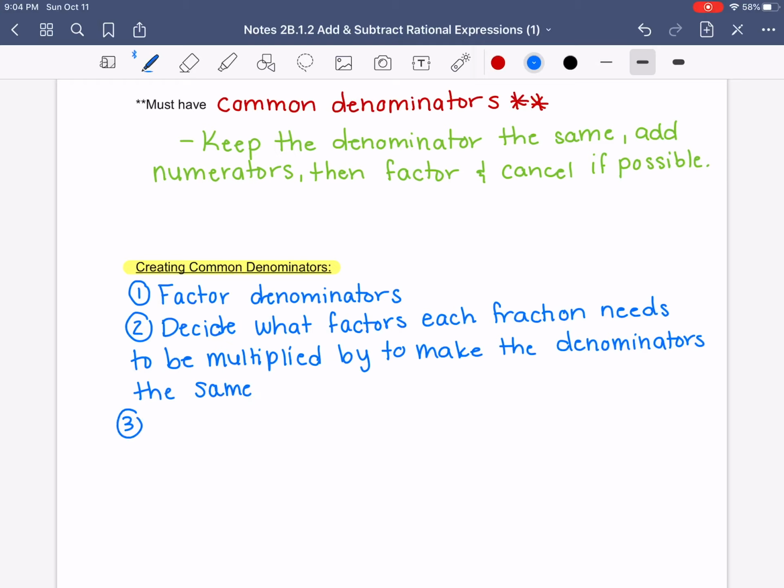The third thing you want to do, after you've decided, is multiply, and you have to do both the numerators and denominators.